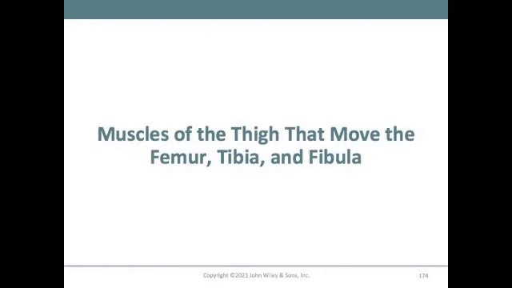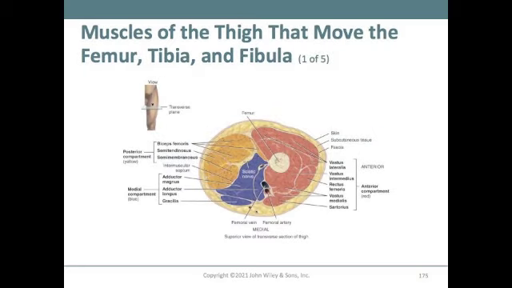Muscles of the thigh that move the femur, tibia, and fibula. Page 404. Page 405, figure 11.21. So this is a transverse plane, so we're basically looking down at the leg, and you can see here that you've got innervation going on, you've got skeletal system, and then you've got these muscles.